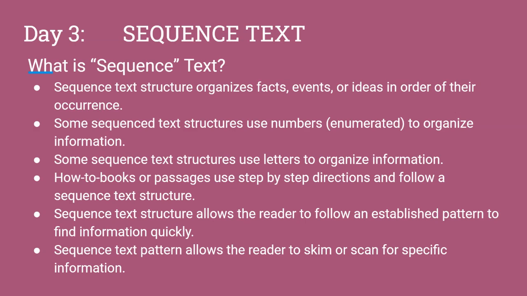Some sequence text structures use numbers to organize information. Some use letters. How-to books or passages use step-by-step directions and follow a sequence text structure. Sequence text structure allows the reader to follow an established pattern to find information quickly. Sequence text pattern allows the reader to skim or scan for specific information.